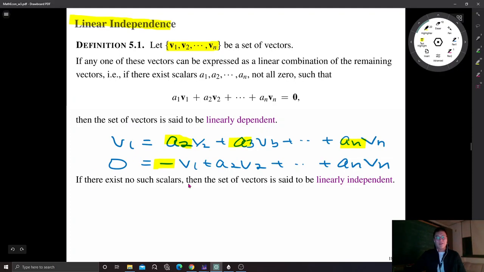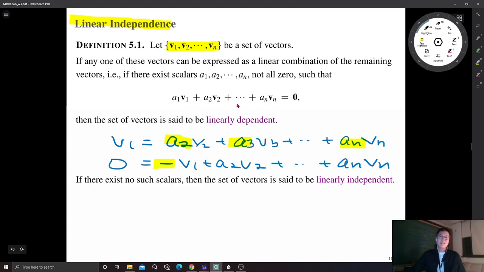On the other hand, if there exist no such scalars, meaning the only way to make this equation hold is that all scalars are equal to 0. If a sub 1 to a sub n are all 0, then clearly this equation holds, but that is not a nontrivial linear combination.